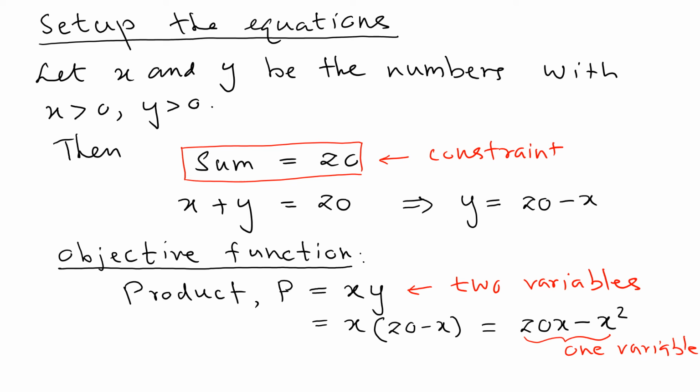Now let's try to write the problem. What we want to do is maximize P, which is a function of x. So you can say P of x, which is 20x minus x squared, on what interval? Because you need to write the interval. If you just write a function like that, it can be confusing.